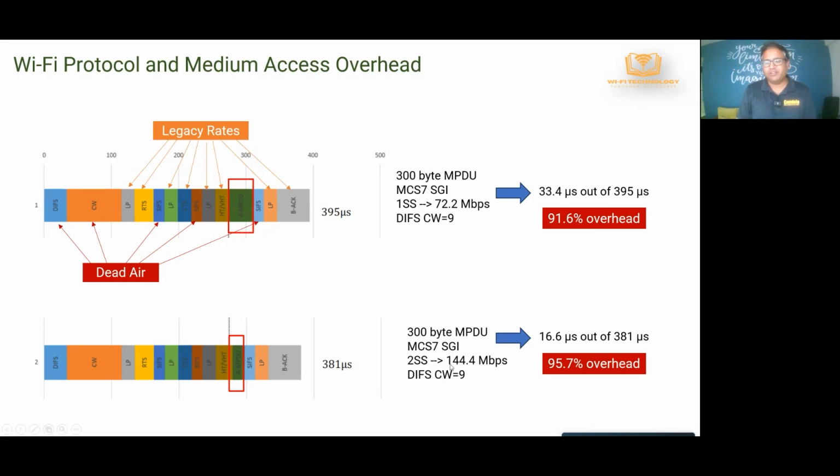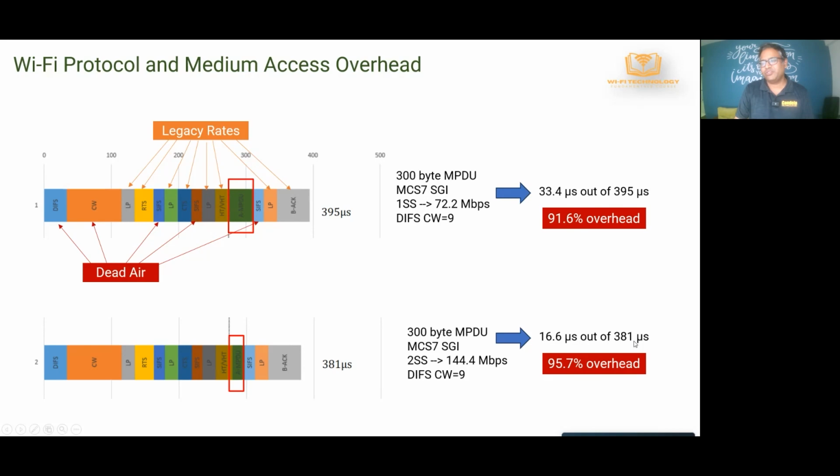What has happened here is that the frame now is transmitted in half the time, because you now have double the data rate. So instead of taking 33 microseconds, you take only 16 microseconds to transmit the frame. But you still have all these other overheads, so the total time is only reduced by 16 microseconds. So instead of the transmission time being 33 microseconds out of 395, now it is 16 microseconds out of 381.